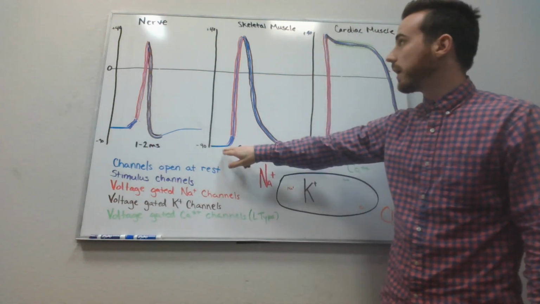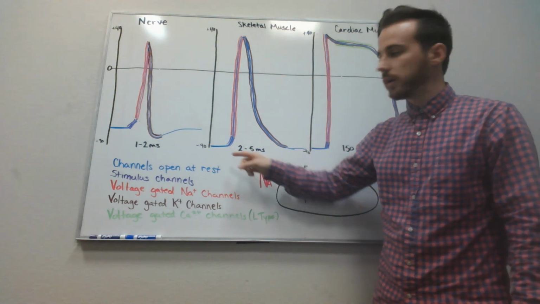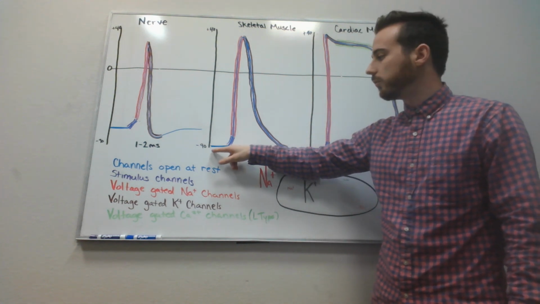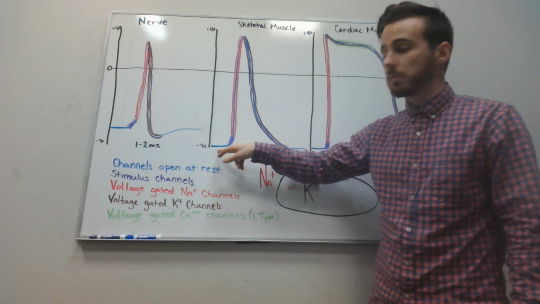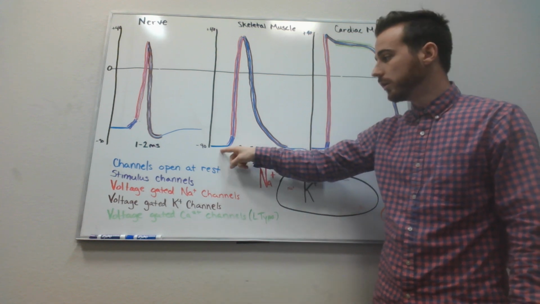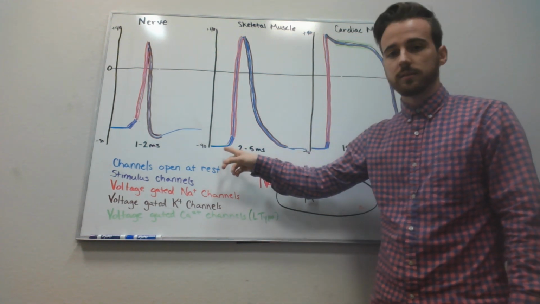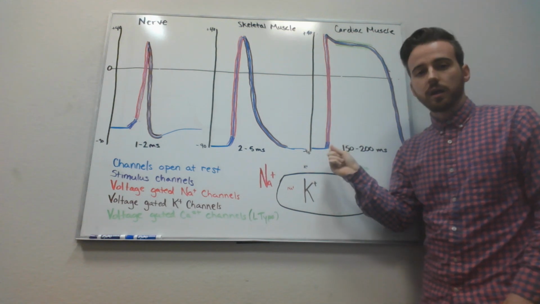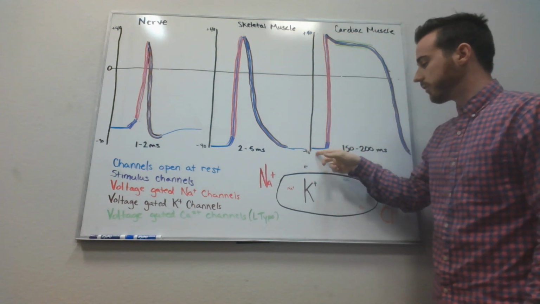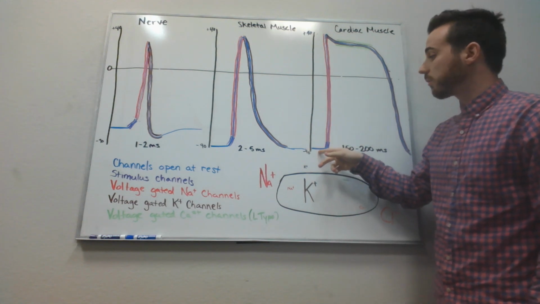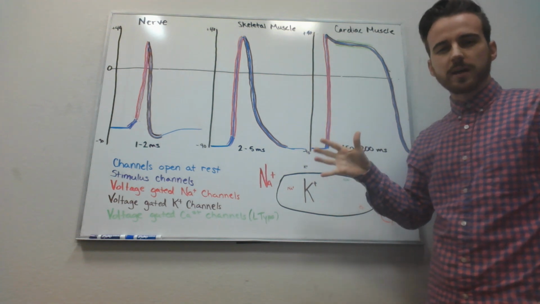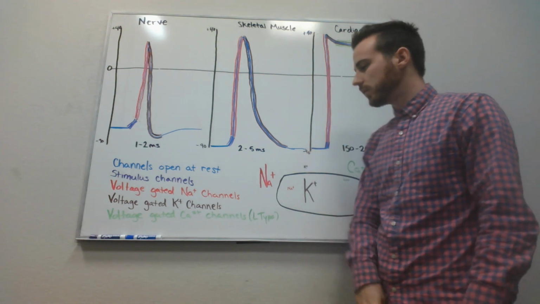The channels open at rest in skeletal muscle, on the other hand, are going to cause resting membrane potential of about -90, much closer to the equilibrium potential of potassium. And the channels that are open at rest in cardiac muscle are actually going to cause about -85 millivolts resting membrane potential.